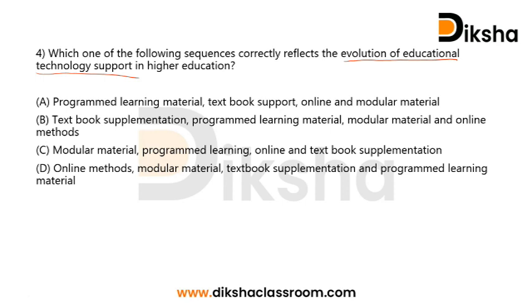When considering the evolution of educational technology, initially in the primary stages, people have used textbooks to learn about many things. So the primary educational tool used in the higher education system was textbook. So here the only option which depicts the first step as textbook supplementation is option B.